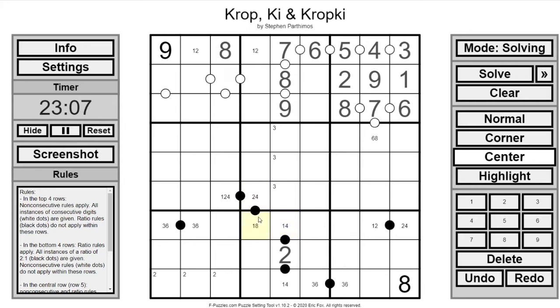No, this can't be 2, 1. Oh my gosh, this is genius. This is probably one of the best puzzles I've ever done. If this were 4, 2, 1... Yeah, the 4 forces it. This square is invalid, so this can't be a 4.